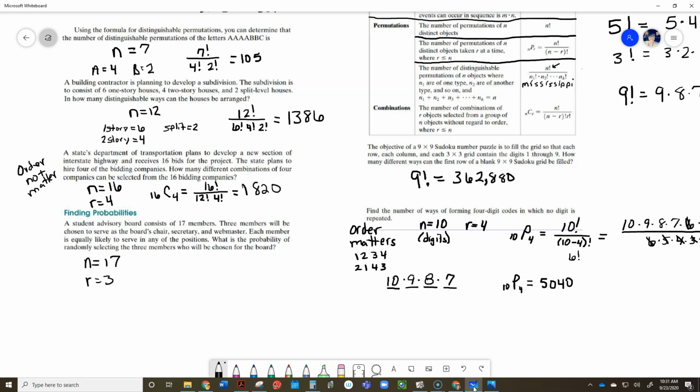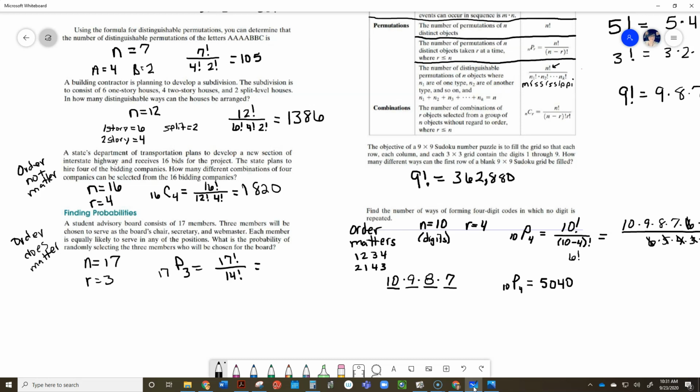That's 2 different arrangements. So since these are ordered, order does matter. And since order does matter, this is 17 choose 3 with a permutation. And that's just 17 factorial over 14 factorial.